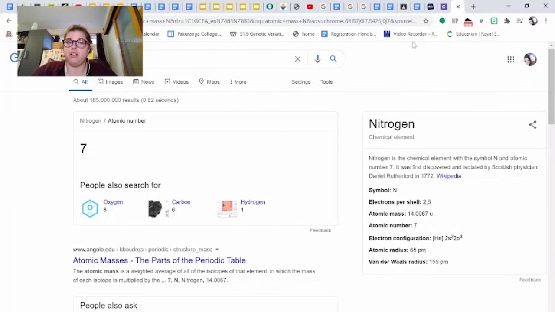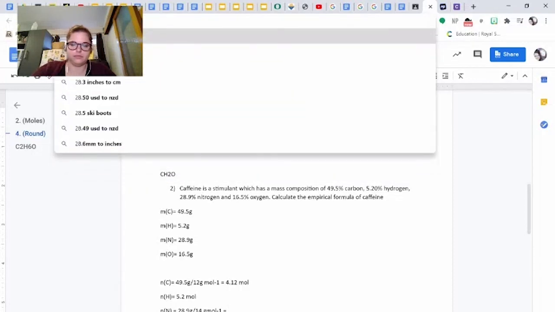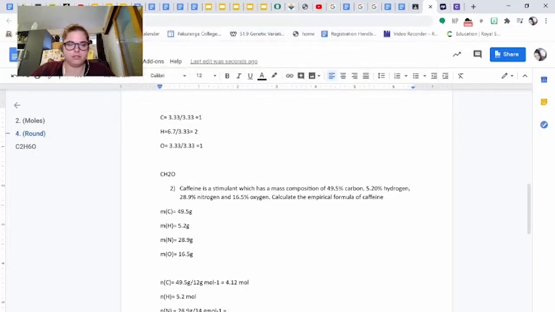Oh wait, its atomic number is 7, which means its atomic mass is 14. Yes, I'm right. Which is equal to 2.06.